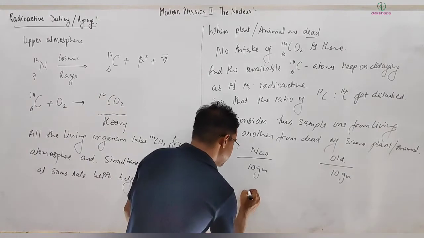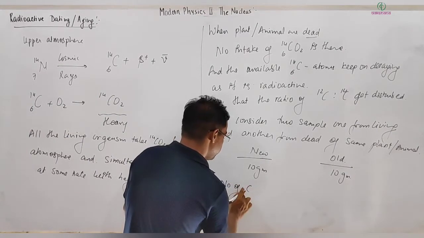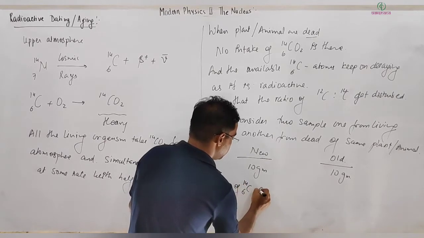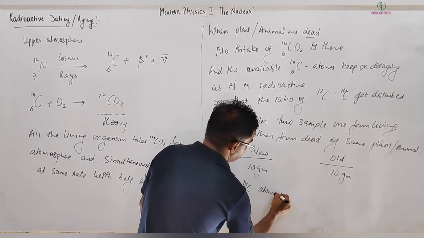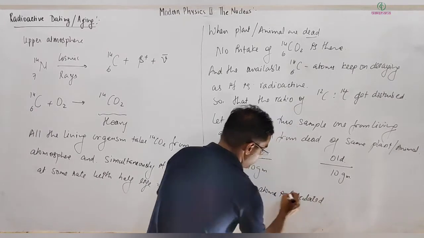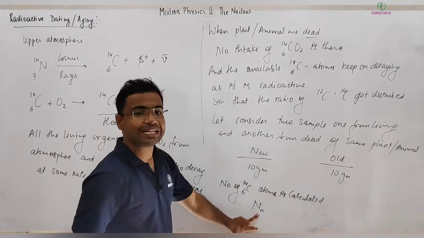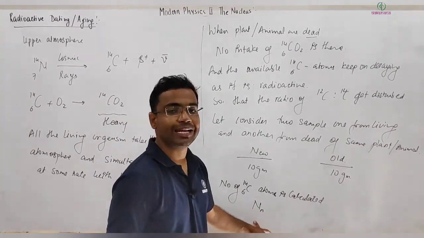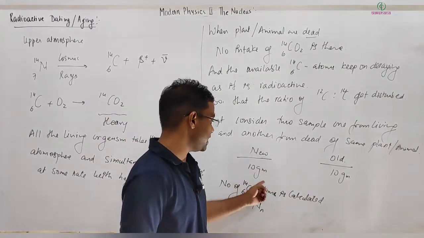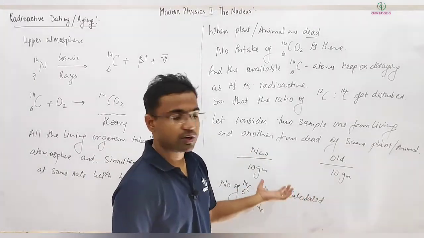So I can ultimately get the number of C14 atoms calculated. Let's say N is the number of carbon 14 atoms present in the 10 gram sample newly taken from the living being.